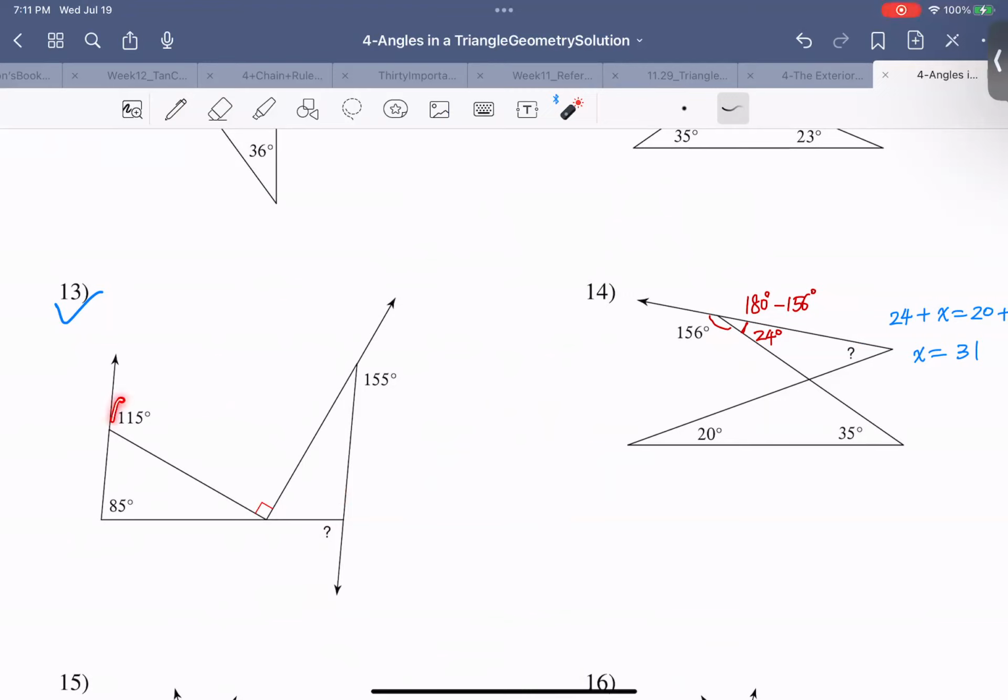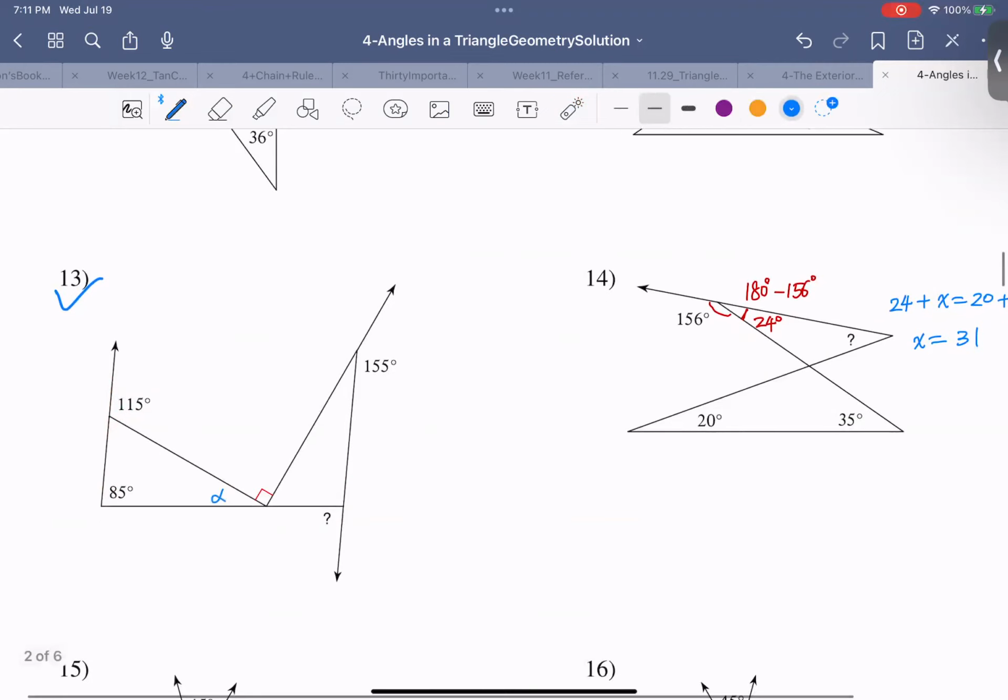First, this is 115. Look at this. This 115 is this triangle's exterior angle. So that means 115 is here plus here, correct? If I call here alpha, 115 should equal alpha plus 85.